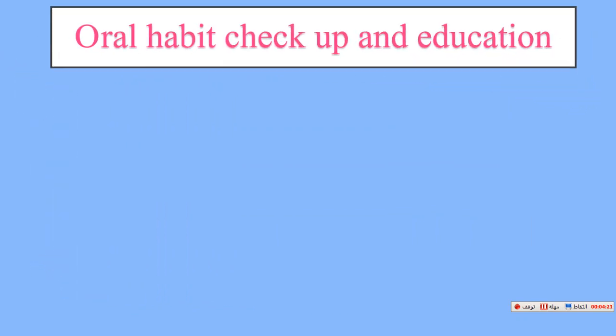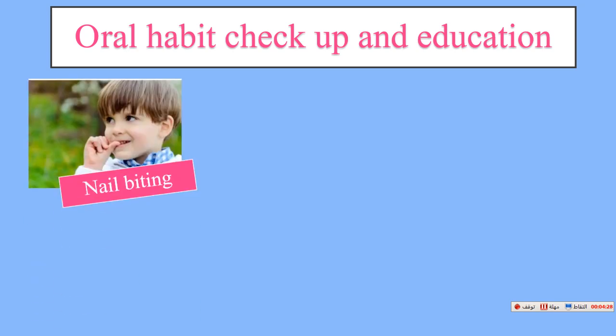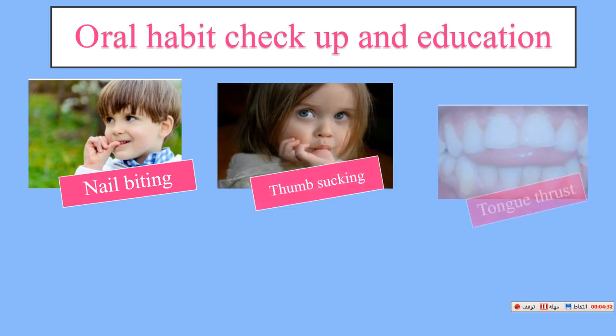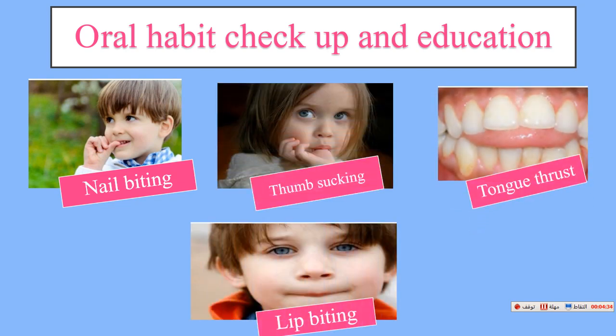Another procedure undertaken in preventive orthodontics is oral habit prevention. As we know, the most common oral habits in children are nail biting, thumb sucking, tongue thrust, and finally lip biting. The parents should be educated about the ill effects of these habits.